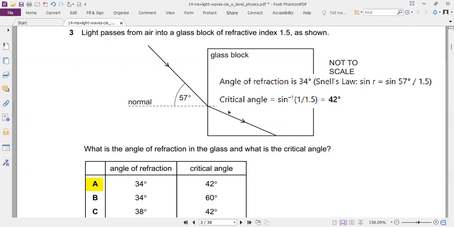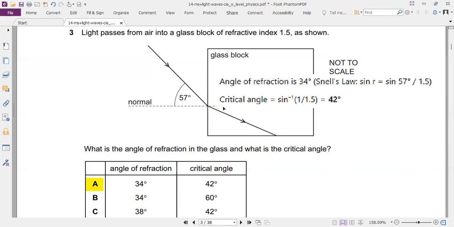Now we have to consider this angle, and then using the refractive index calculate the critical angle. Is this angle greater than this angle? Sorry, this angle gives you the angle of incidence here.